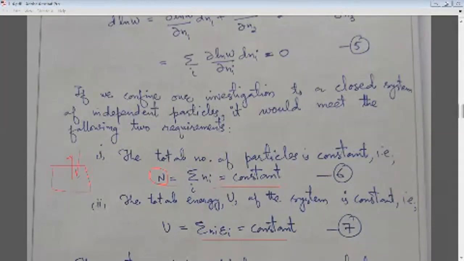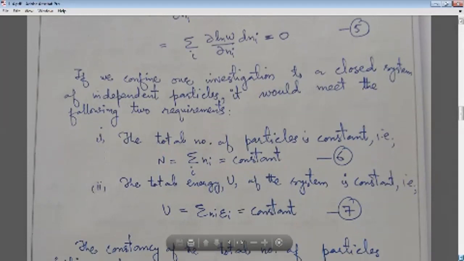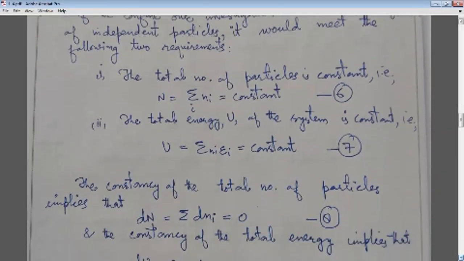This is also constant, because if it is a closed system, its energy will also be constant. So we know the differential of a constant is basically equal to 0. If we take the constancy of the total number of particles, we will differentiate this N, which is basically a constant, so its differential, summation dni, will be simply equal to 0. And similarly for this, dU will also be equal to 0.